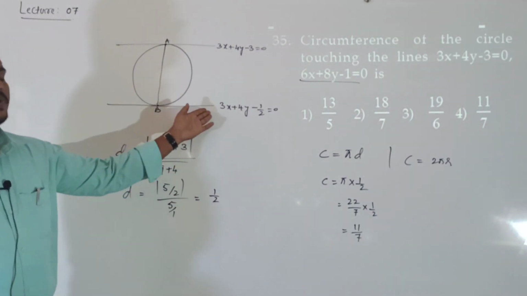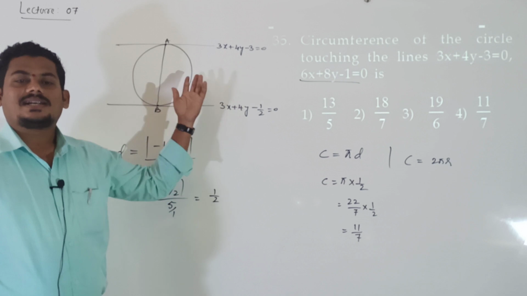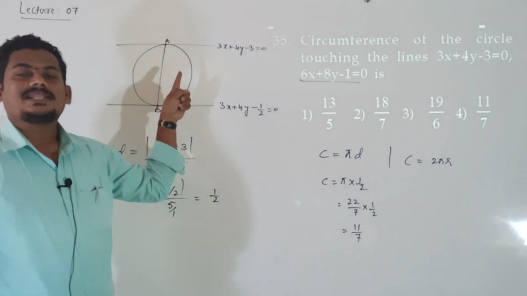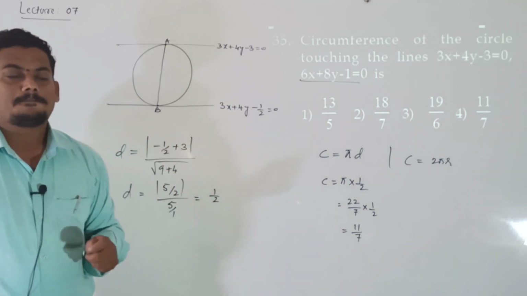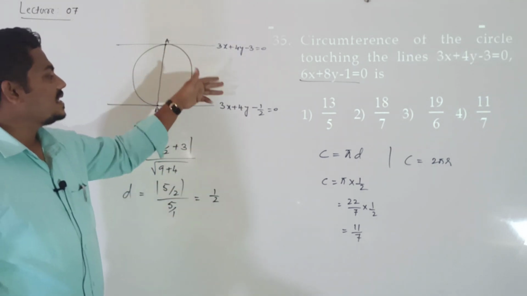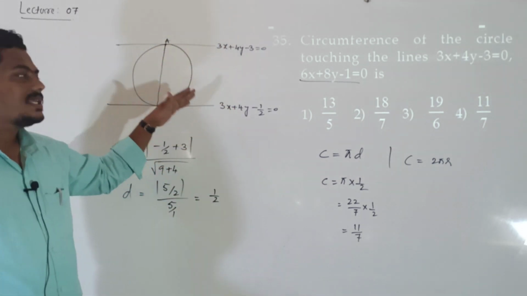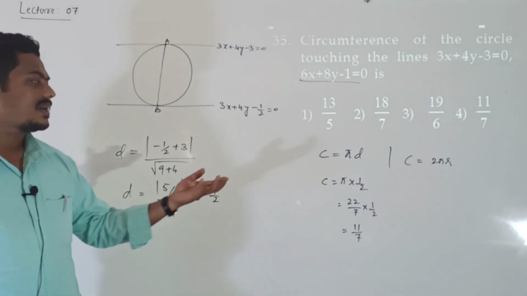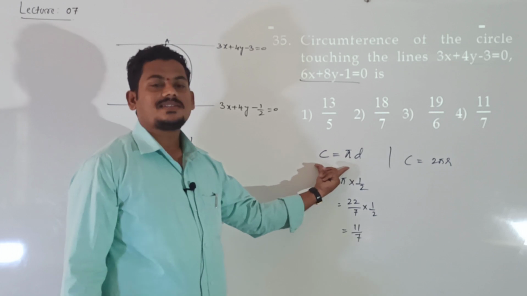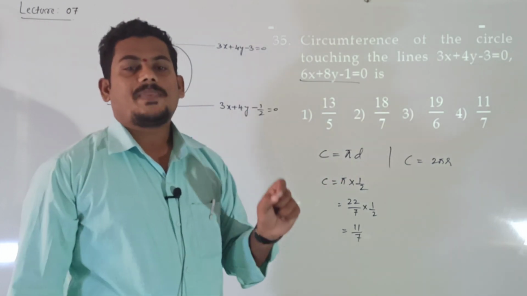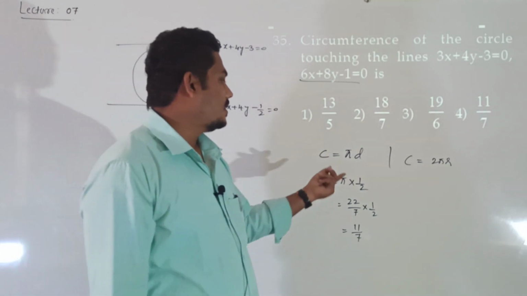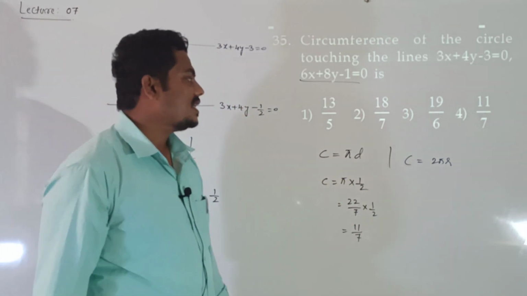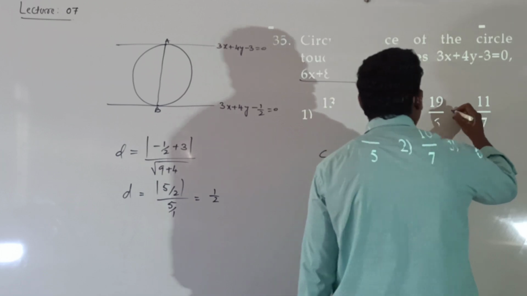The distance between these two parallel lines is nothing but the diameter itself, because these two lines touch the circle. After getting the diameter, the circumference of the circle is equal to pi into d. Already we have the d value. After simplification, 11 divided by 7.